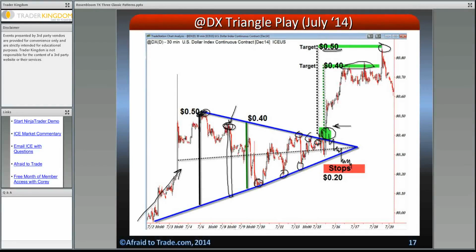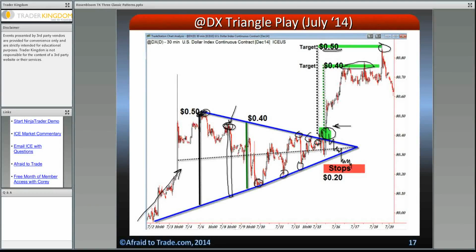Meaning, especially if you are a full-time trader, or have a full-time job and can't watch this tick by tick like some others can, what you would do is see this pattern forming. Say you're doing your analysis at nighttime, and then you would put with your broker, with your trading platform, a stop market order to enter the position.